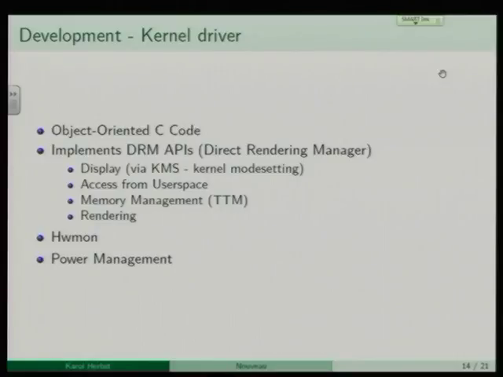And of course, there's also rendering, which is kind of the same: getting commands from user space and sending them to the GPU. Then the hardware monitoring interface we also implement in the kernel, and the power management stuff I talked about before. Okay.